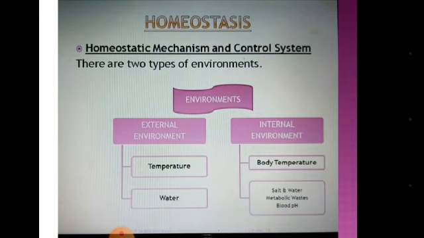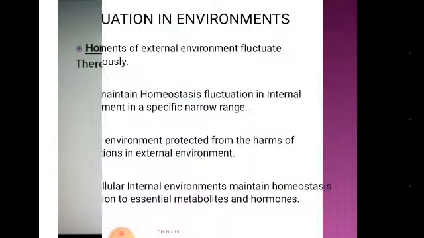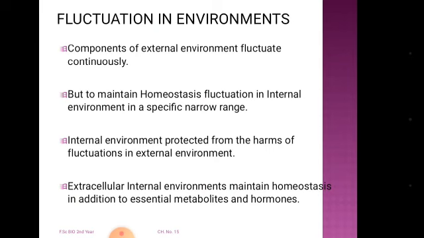A minor fluctuation or minor change takes place in the internal environment while a great change takes place in the external environment. These fluctuations show that it is a continuous process.